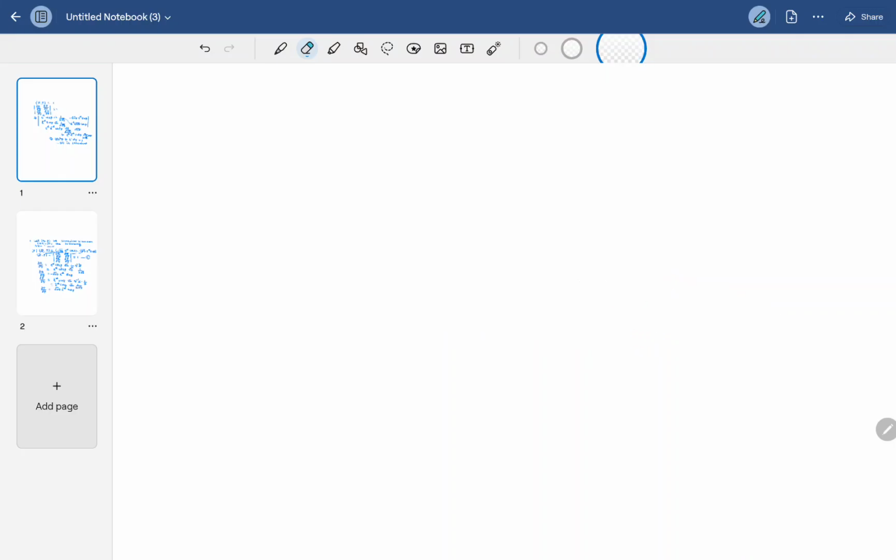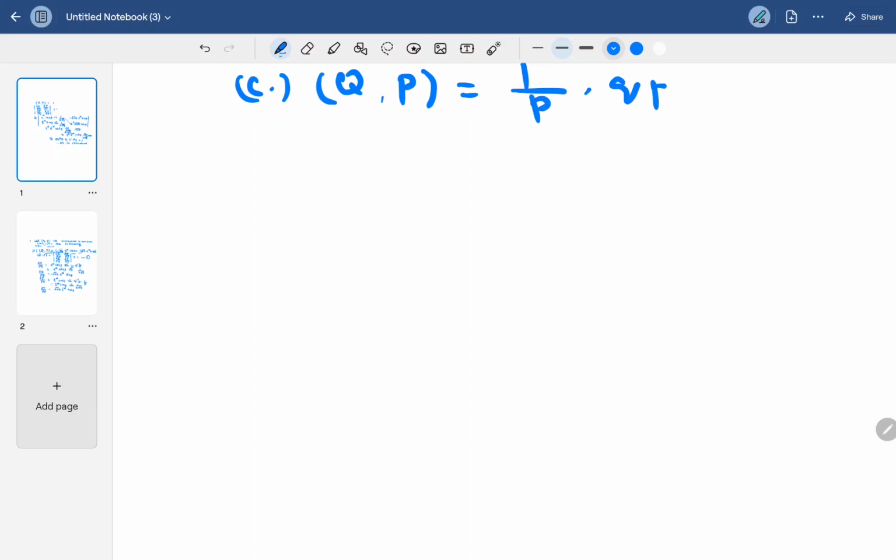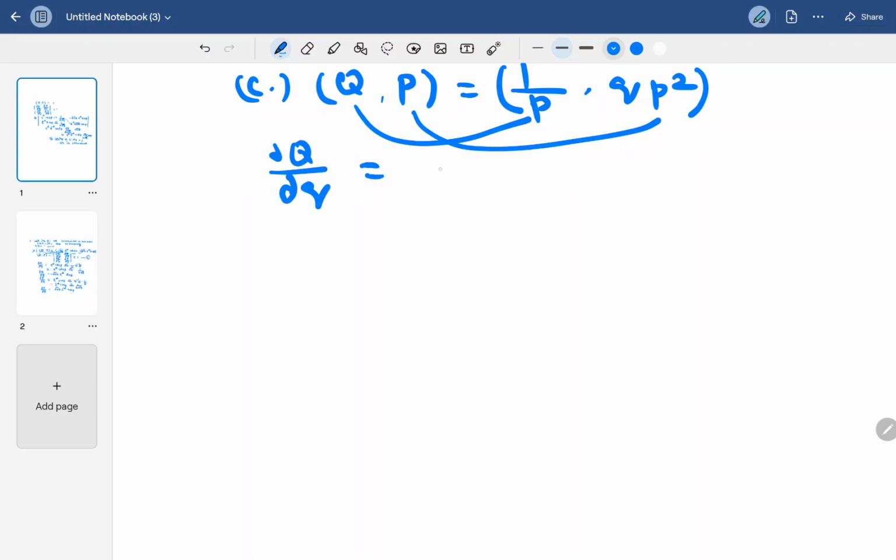Q comma P. What is given as C? Q comma P, which is equivalent to 1 by p comma q p square. This is q, this is p. Find dou q by dou small q.